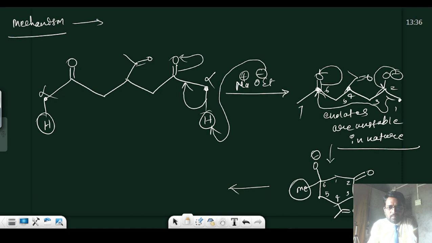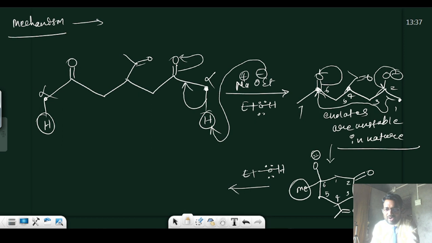So when it takes proton from this particular alpha site of this substrate, there is a generation of ethanol. So ethanol is generated and is present in the system. So whatever the anion, anions are generally unstable.